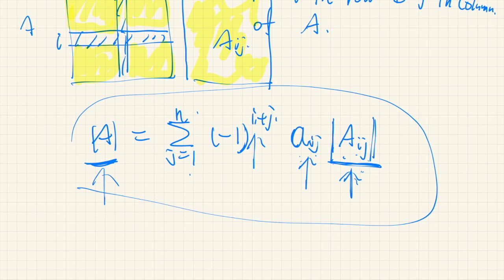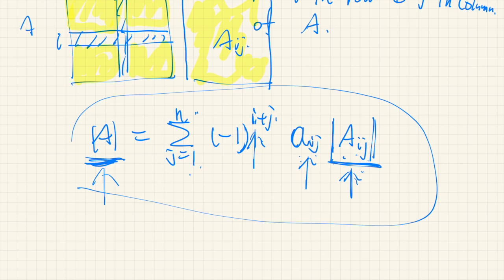So what this says is that whatever the choice of this i is, so i can be any natural number from 1 to n, we still have the same value. We don't prove this exactly, but you should try to calculate some concrete determinants by using different values of i, and we'll see that later.